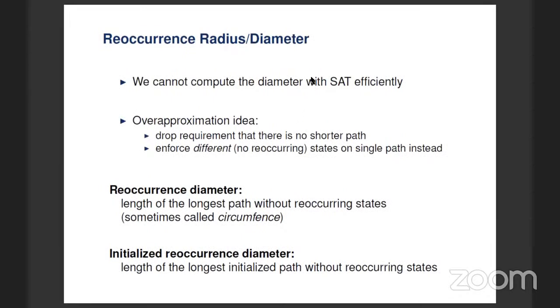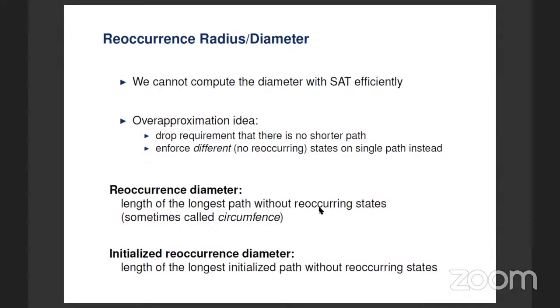The reoccurrence diameter is defined as the length of the longest path without any reoccurring states, okay. The longest that you can go from an initial state without any state reoccurring is what is called the reoccurrence diameter.